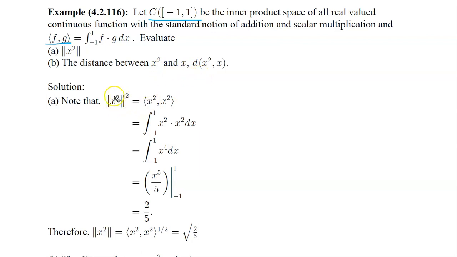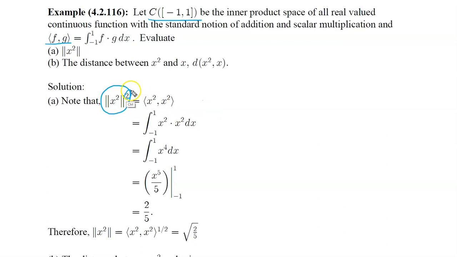Alright, so we first want to evaluate the norm of x squared. So let's do this down here. Now notice I have a square right here. That just makes our notation a little bit easier, and then we'll take the square root of this quantity once we evaluate it, instead of having everything raised to the 1/2 power. Notation just becomes a little cumbersome.